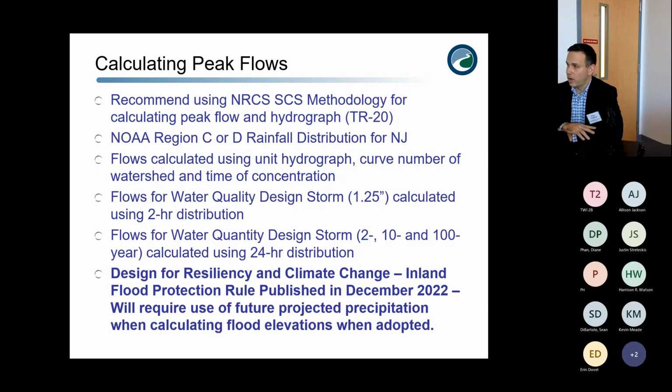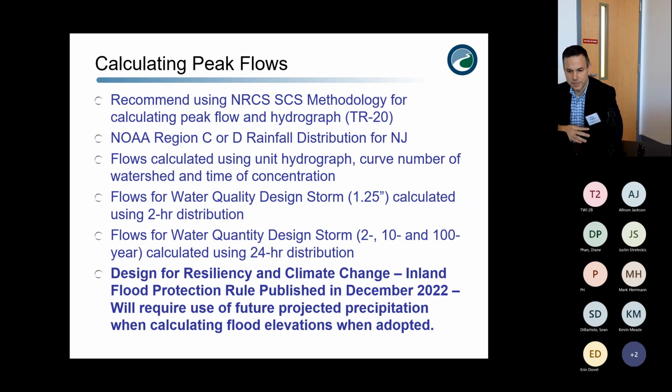So we talked about volume there. Also going to be talking about peak flows here. And again, NRCS methodology for calculating peak flows is recommended. And this is a little more complicated than just a simple formula. This is using a TR-20 methodology. It's a more complex methodology that uses rainfall distributions. In New Jersey, there's two rainfall distributions that are used depending on where you are in New Jersey.